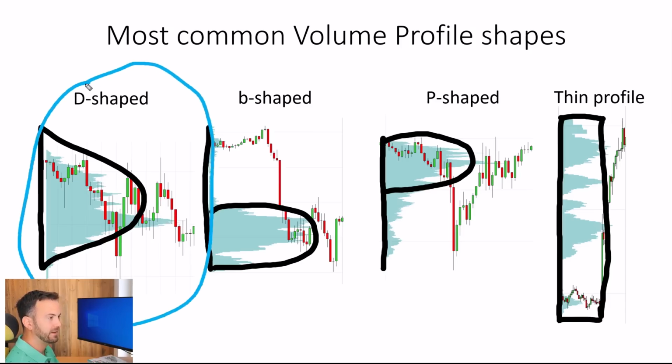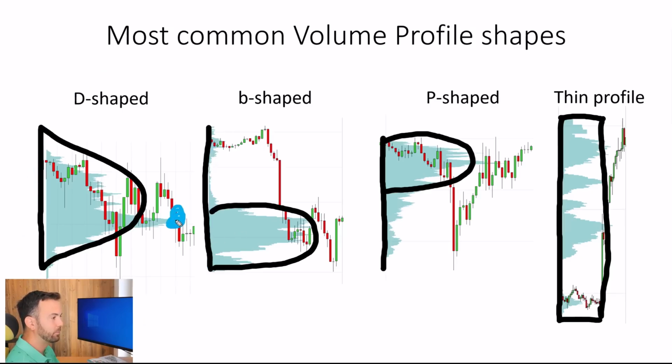So this is something called D-shaped profile because it has shape of a letter D. And right here, this is its point of control. If you look at the B-shaped profile, then the point of control is somewhere in here. With the P-shaped profile, you can see that the heaviest volumes were traded in here, so the point of control is in here.